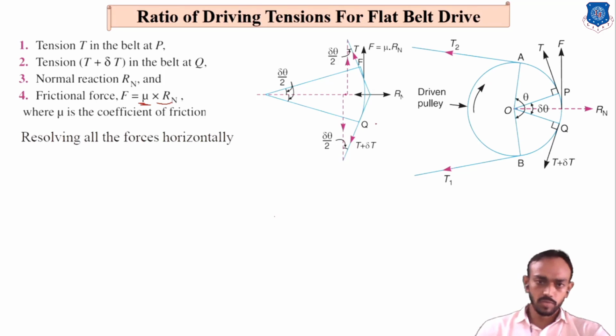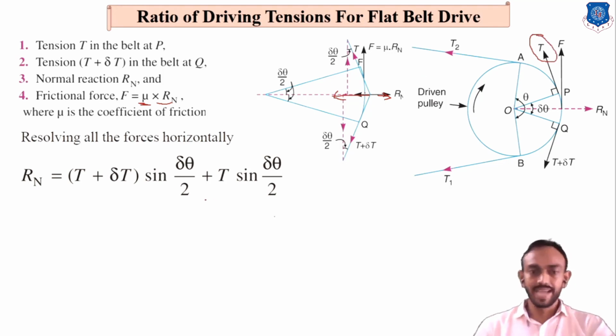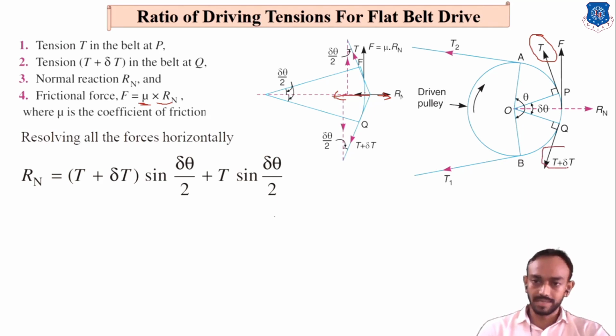First we take the horizontal components. The horizontal force Rn acts here, and in the opposite direction there are two components: the sine component of T and the sine component of T plus delta T. Opening the bracket, we get T into sin d theta by 2 plus delta T into sin d theta by 2.